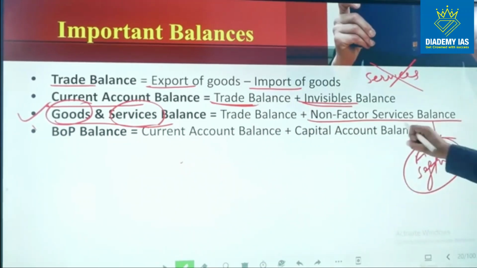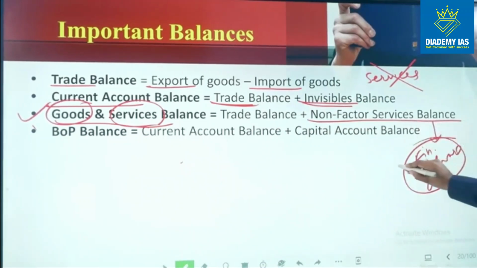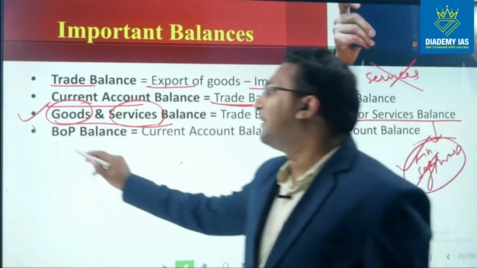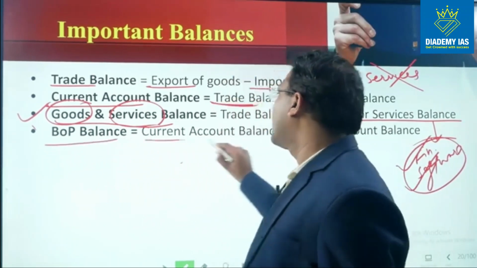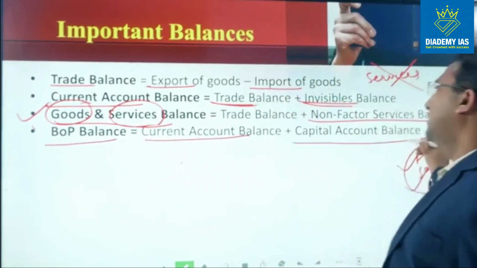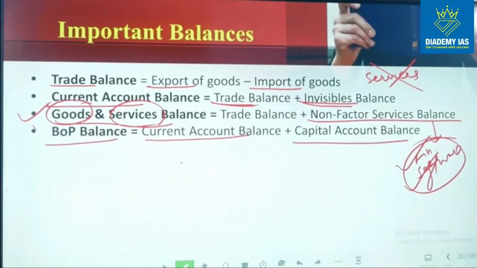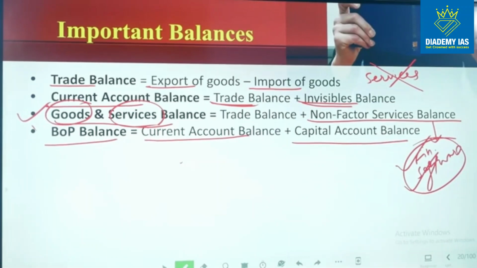Only and only non-factor services, the services which are provided by the financial sector, software, transportation, etc., they are included here. And then we have BOP balance, which means the current account balance plus the capital account balance. So this discussion I kept just for revision. I know that you already know about this concept from the previous session only.